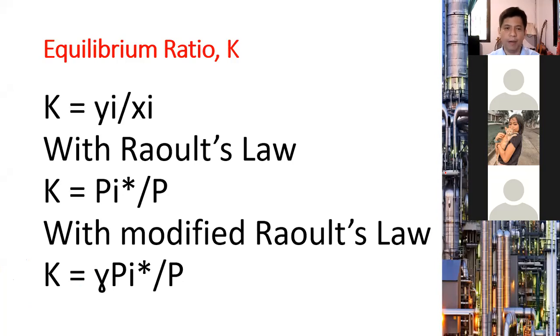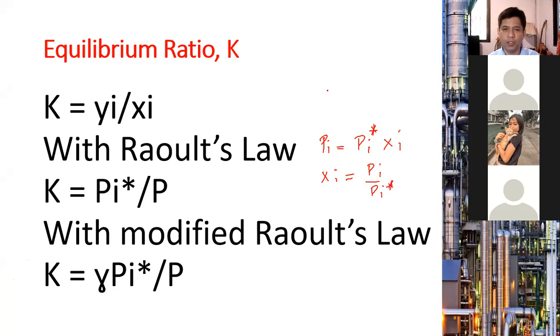Di ba, Raoult's law, P sub i is equal to P sub i star times x sub i. So if you're going to isolate x sub i, therefore x sub i is equal to P sub i divided by P sub i star.